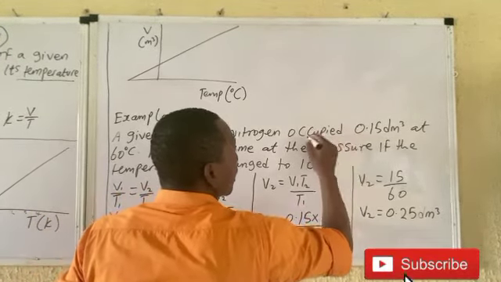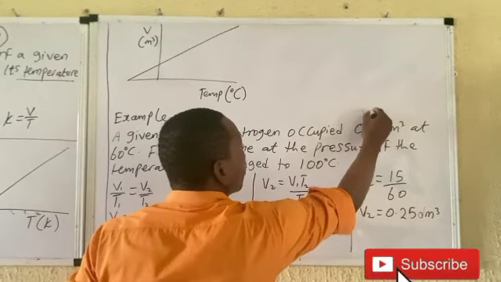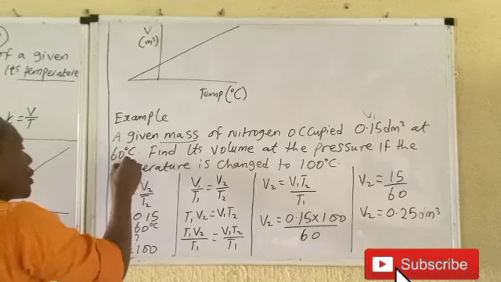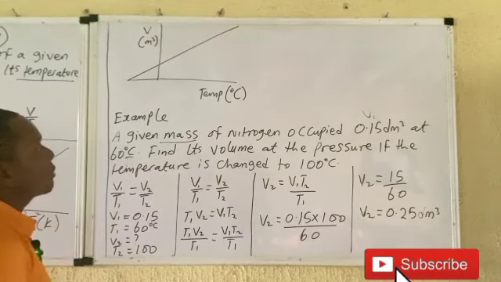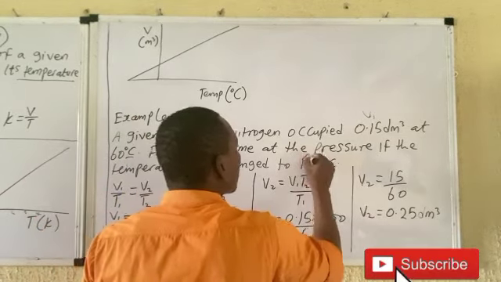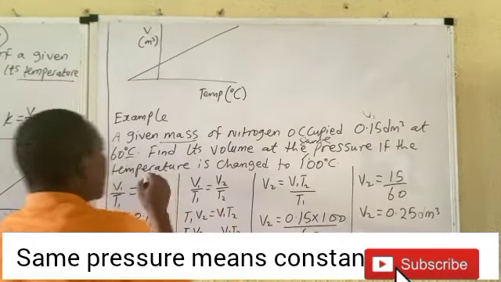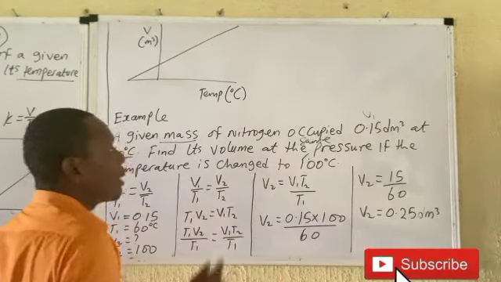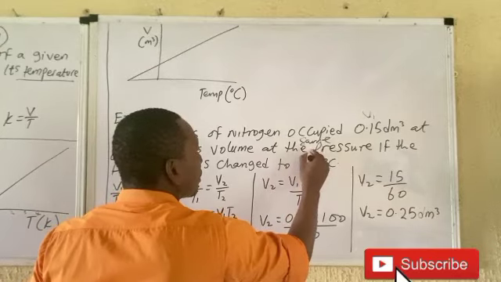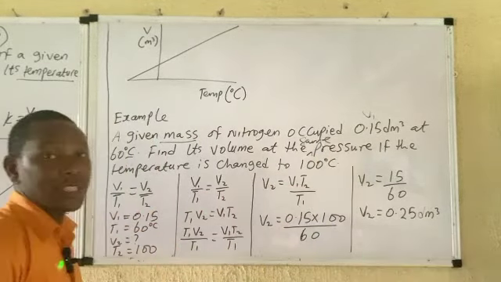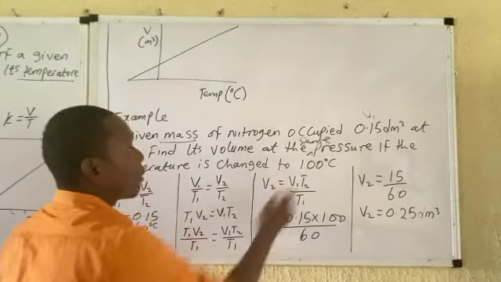So this is V1 at 60 degrees Celsius. So this is T1. Find its volume at the same pressure if the temperature is changed to 100. Remember, the pressure must remain the same. It must be constant.